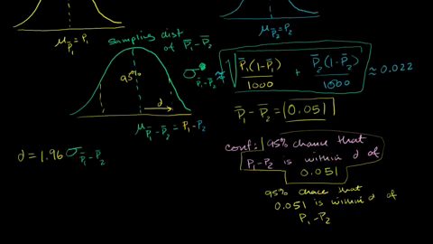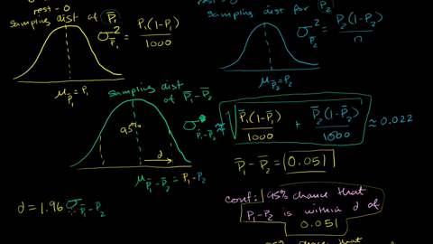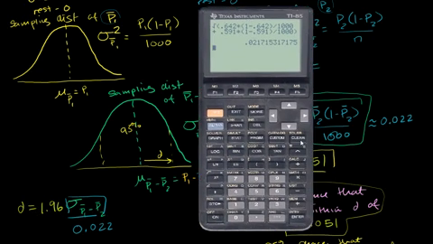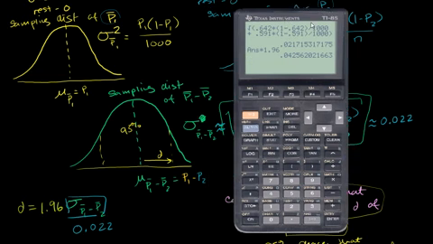So going back to our question, the distance that we care about, our best estimate of it, is approximately 0.022. So let's just multiply that. 0.022 times 1.96 gives us 0.043. I'll just round it.